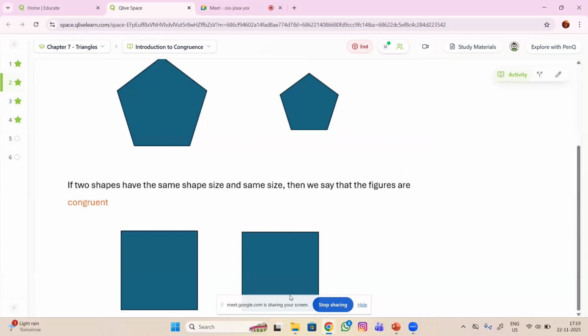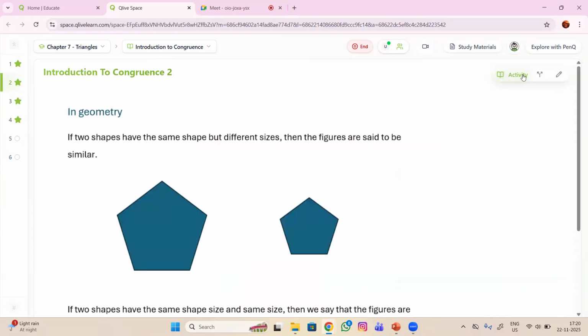Then look at this figure. Are these identical or non-identical? Yes, these are identical because these two figures have the same shape and same size.